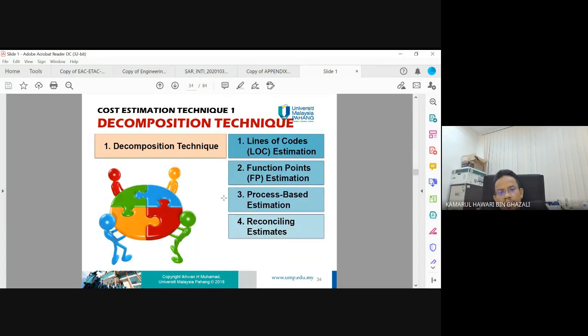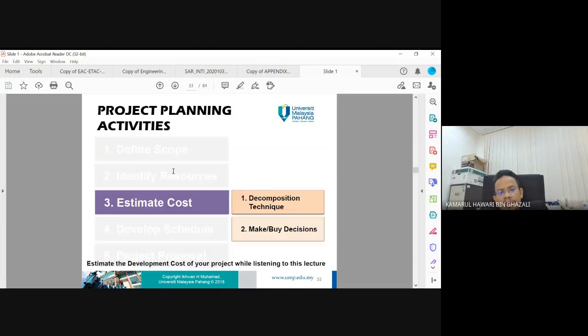What are decomposition techniques? Lines of code estimation, function point estimation, process-based estimation, reconciling estimates. These are all the techniques under the decomposition technique for estimating costs.